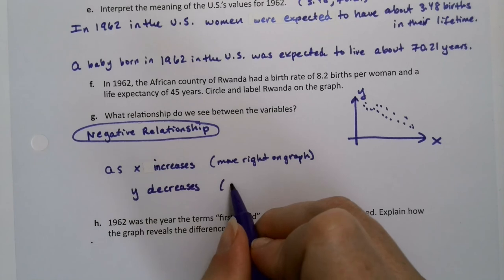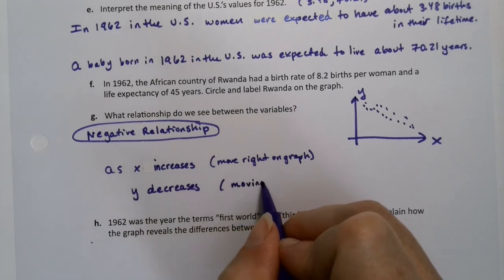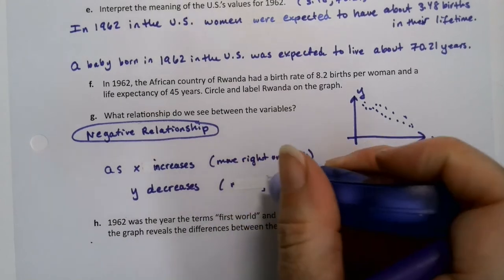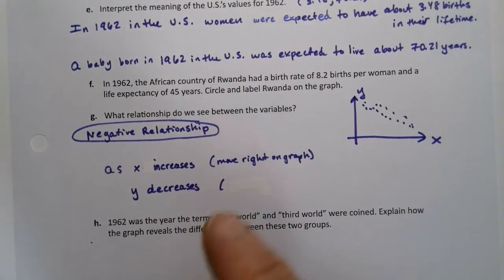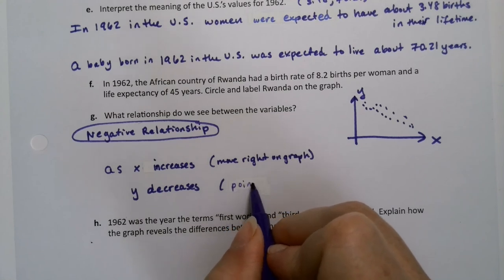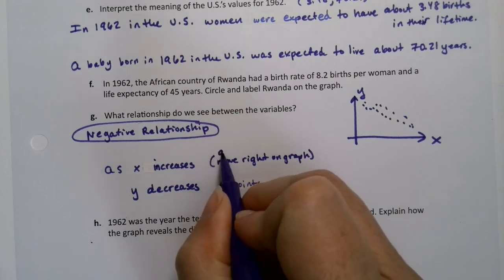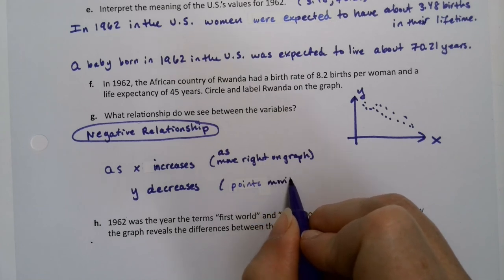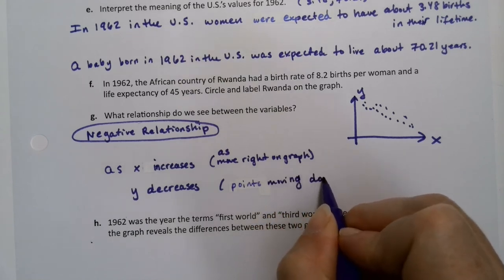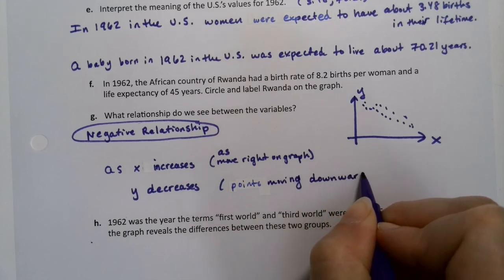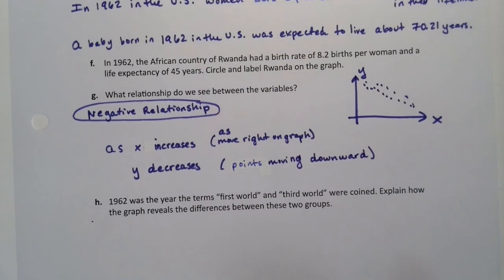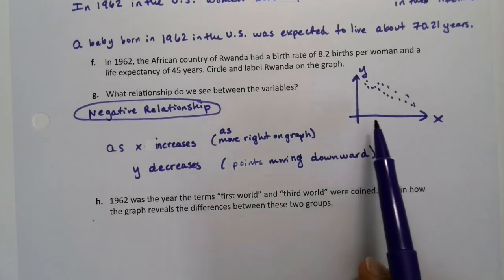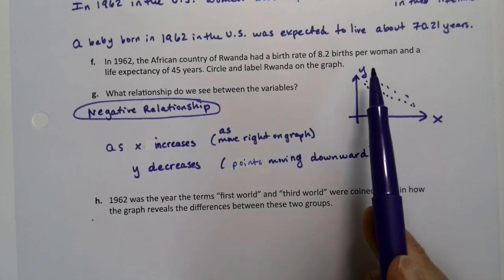It's moving down, or the points are moving down, I should say. So as you move to the right on the graph, the points are going down. That's what a negative relationship looks like. So as X moves up, which means you're going to the right, the points are going down.